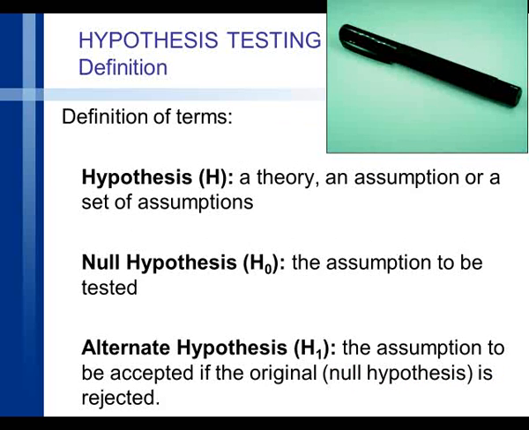So, when we set up the hypothesis, we always set up simultaneously two hypotheses. One that we assume is true, and one which we think is false. So the hypothesis that we think is true is the null hypothesis.